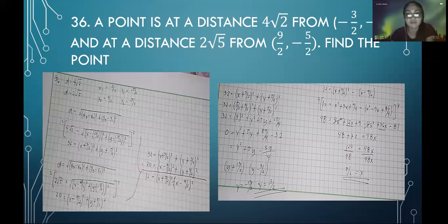Then multiply both sides by 4, so it will become 48 equals 4x squared plus 12x plus 9 minus 4x squared plus 36x minus 81. So 48 plus 72 is equal to 48x. So 120 is equal to 48x. Then divide both sides by 48. So x is equal to 5 halves.